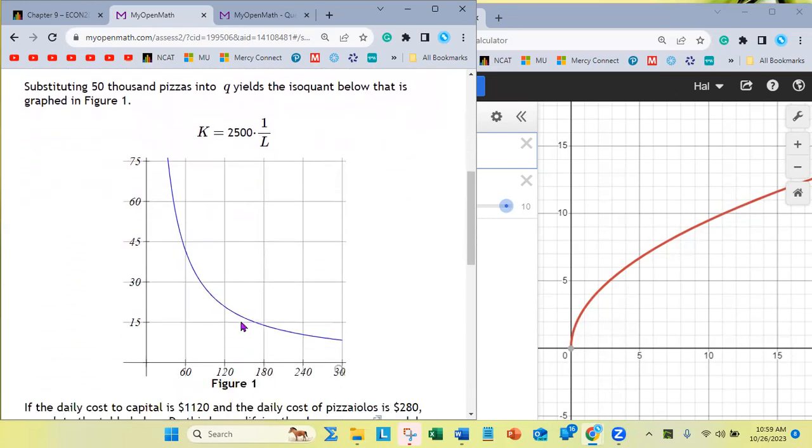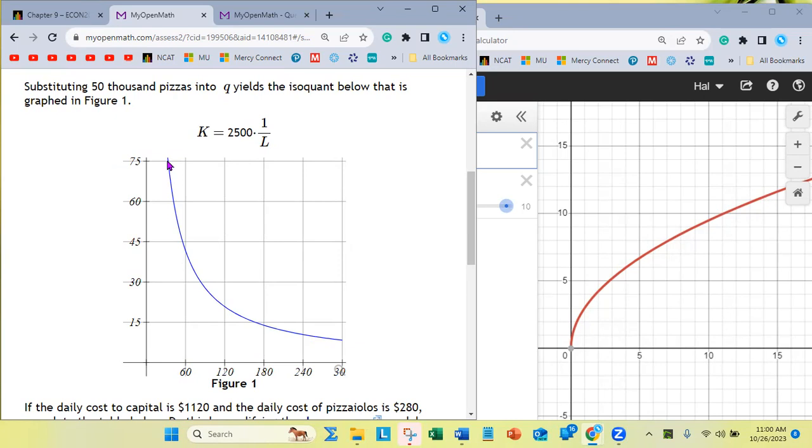And this graph right here is called an isoquant. It's called an isoquant because along this blue curve, we're holding output constant at 50,000. And you can see right here, labor is about 40, and capital is about 75.